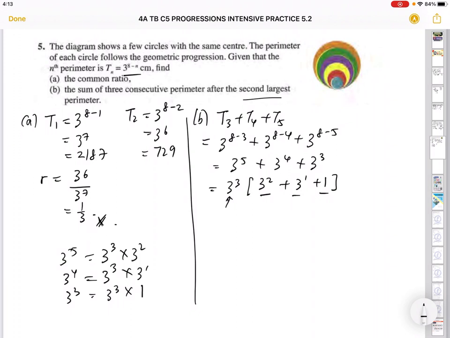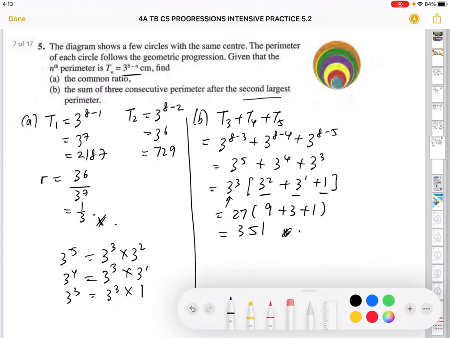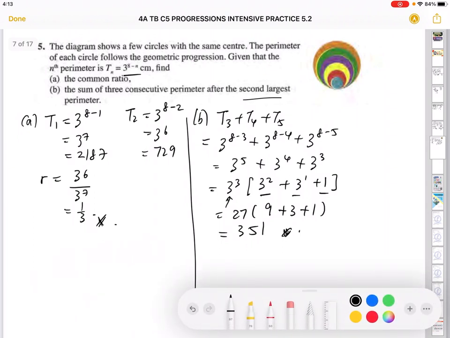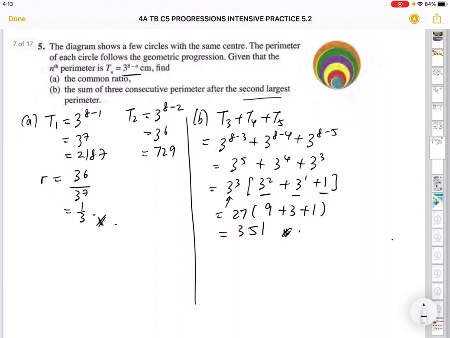And 3 power 3 is 27. This 3 power 2 is 9 plus 3 plus 1, which is 13. And 13 times 27 is 351. Now, if you want to use the Sn formula, I can find my third term.